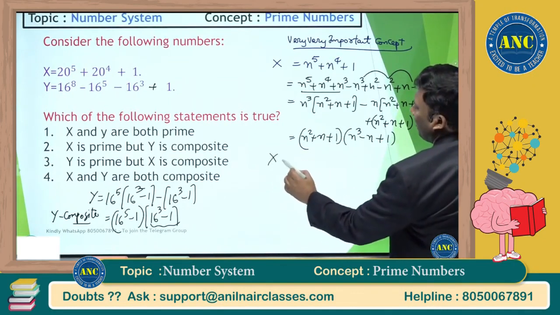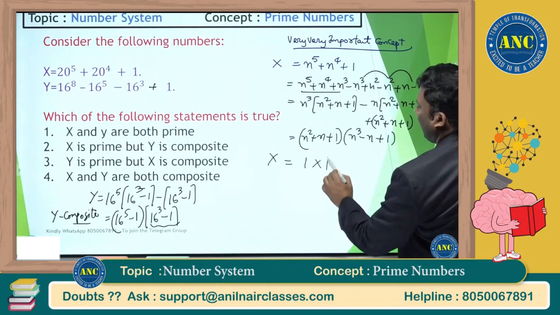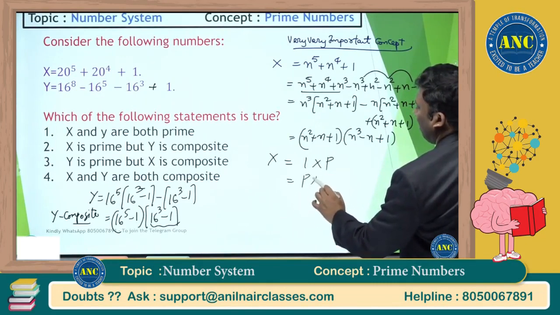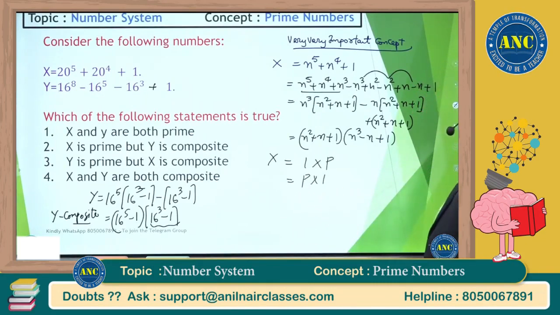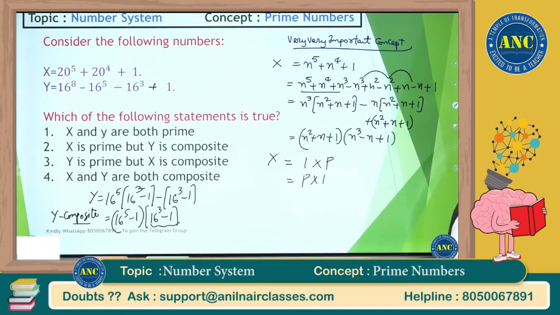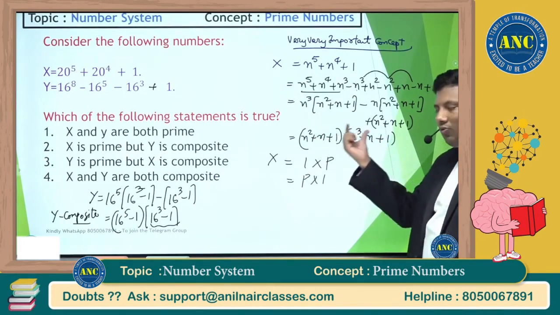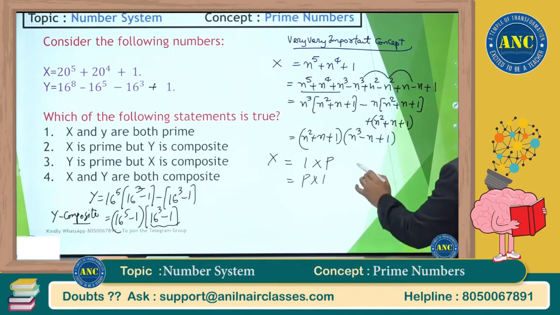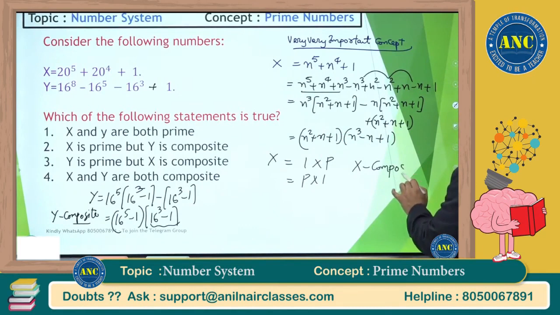If x is a prime number, it should have factors 1 into p or p into 1. But it has got factors other than 1 into p. There is no factor 1 in both the numbers. That means x is a composite. Very, very important concept.